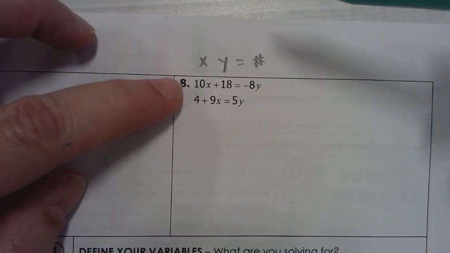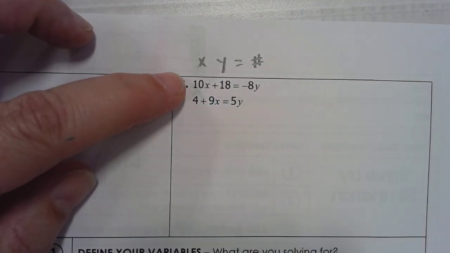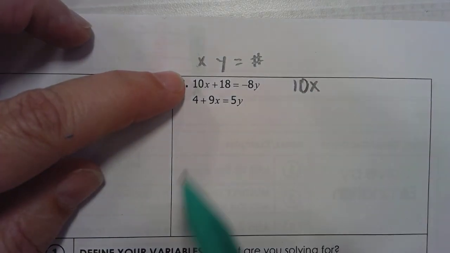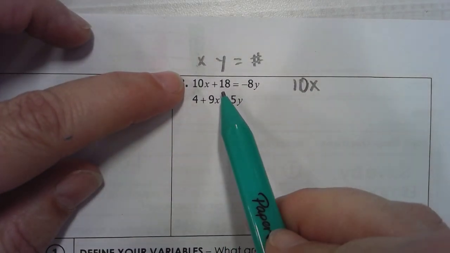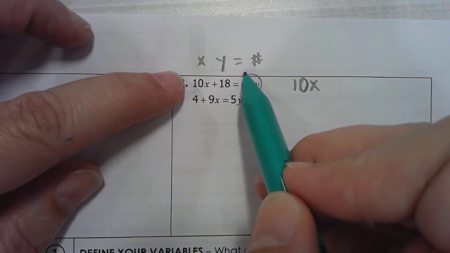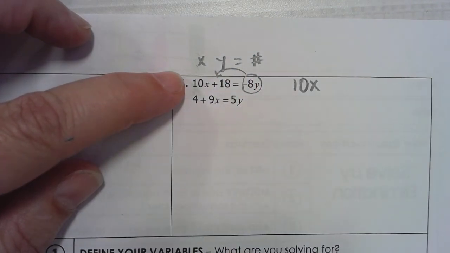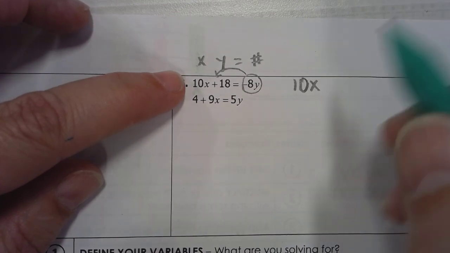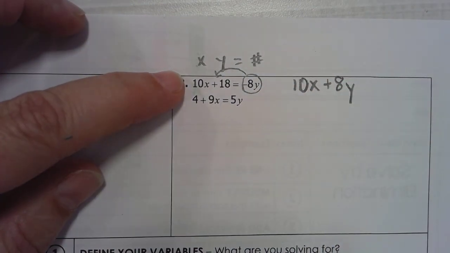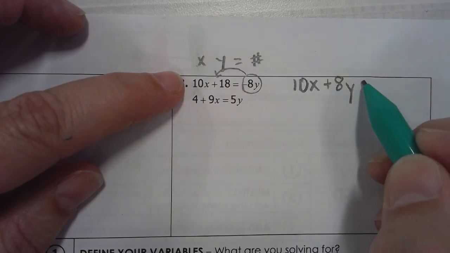So is the x for this first equation in the right spot? Yeah. Cool. So we're going to leave the 10x where it is. Is the next thing the y? No. So I need to bring this negative 8y up to the front into that spot. And when I bring it up, it's going to become positive because it was negative back there over the equal sign. And then I want the equal sign.